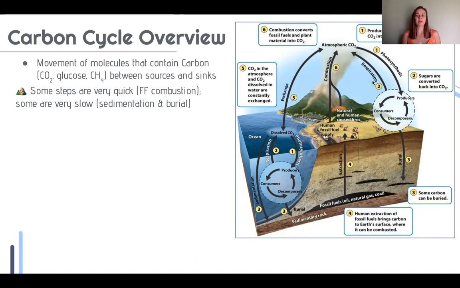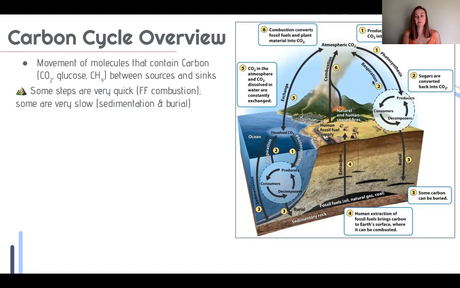Decomposers take the carbon that has been used in the structural components of the life forms, and depending on whether they are decomposing aerobically or anaerobically, meaning in the presence of oxygen or not, they will then convert that carbon back into carbon dioxide if oxygen is present, or methane if oxygen is not. So decomposers that work under the soil and don't have access to oxygen create methane. Decomposers that do have access to oxygen create carbon dioxide.